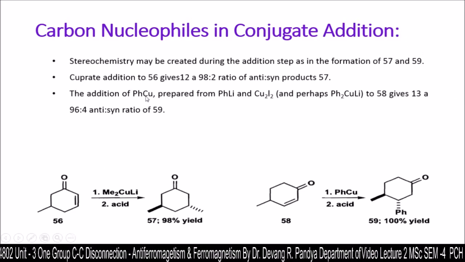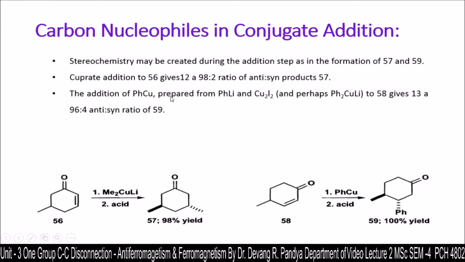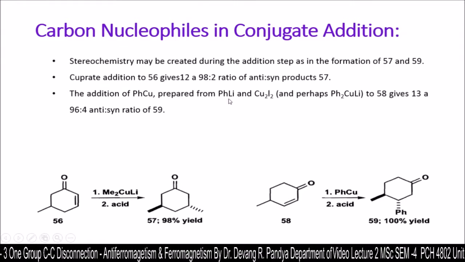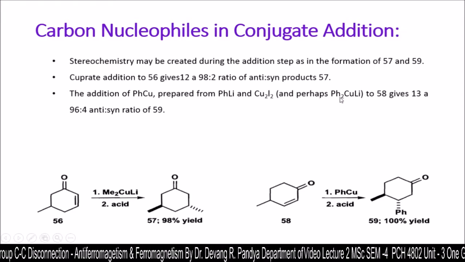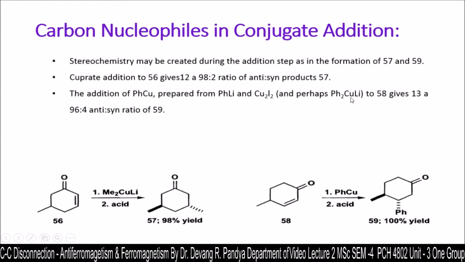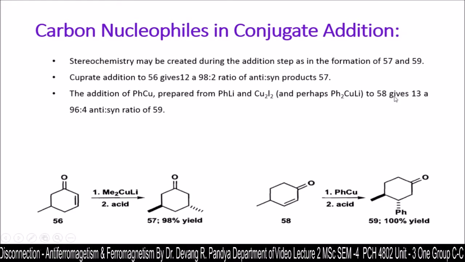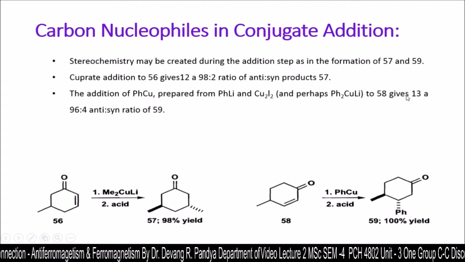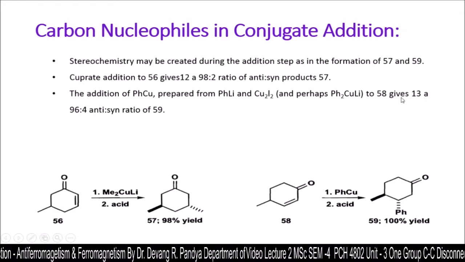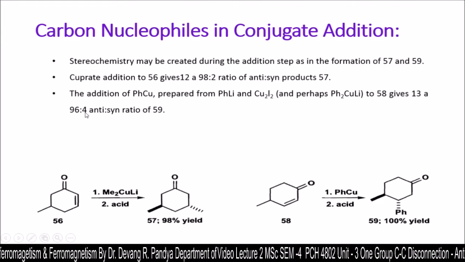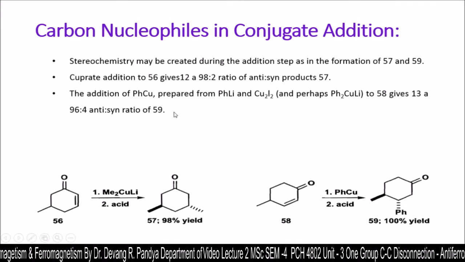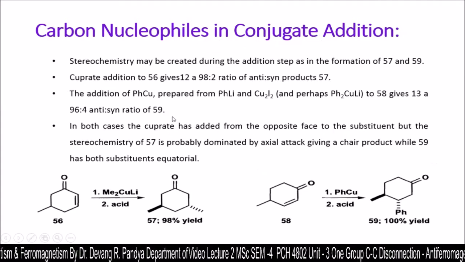While the addition of phenyl cuprate in the presence of acid, prepared from phenyl lithium and cuprous iodide, and perhaps diphenyl lithium cuprate, to 58 gives 13A, that is this one, in a 96:4 anti to syn ratio in structure 59.